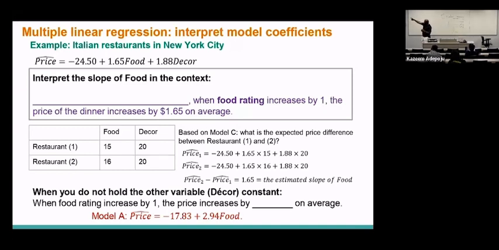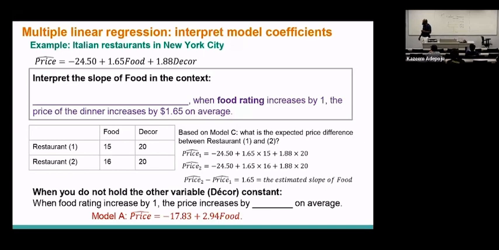So when the food rating increases by one, the price of the dinner increases by $1.65 on average. What is missing there is after adjusting for, or keeping, decoration constant.